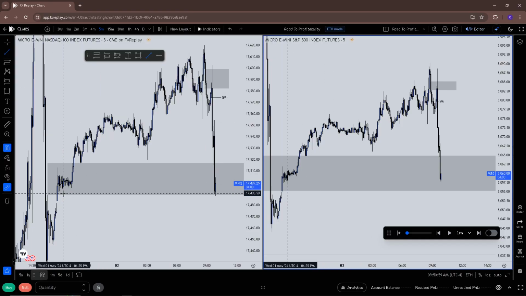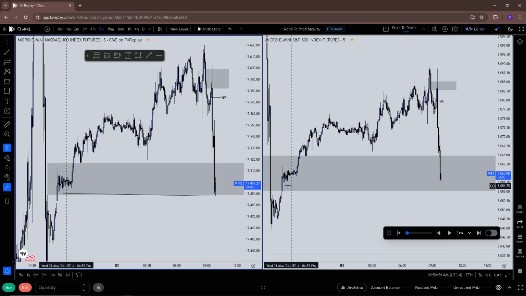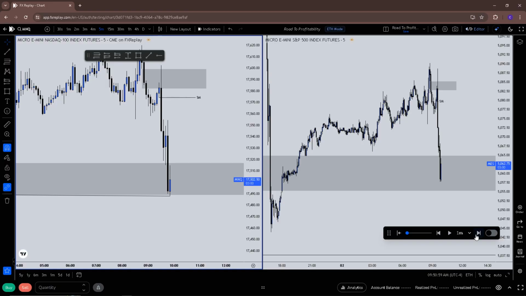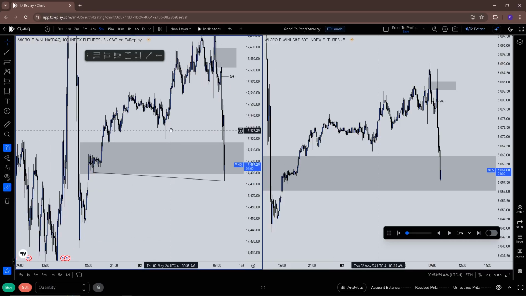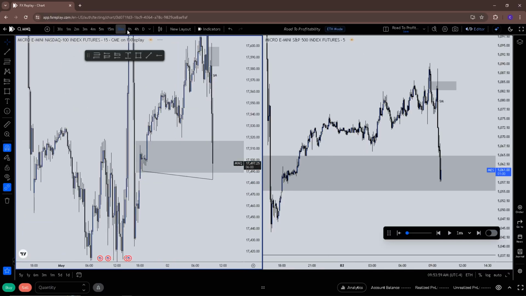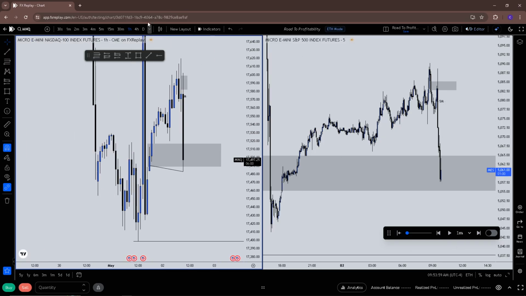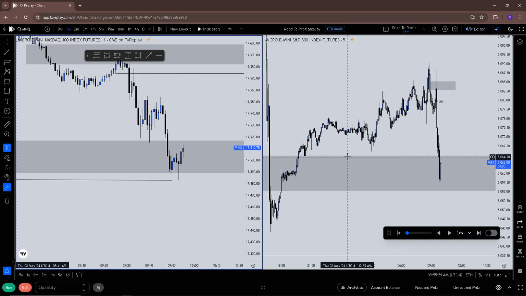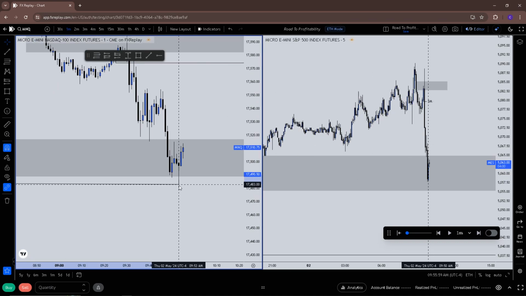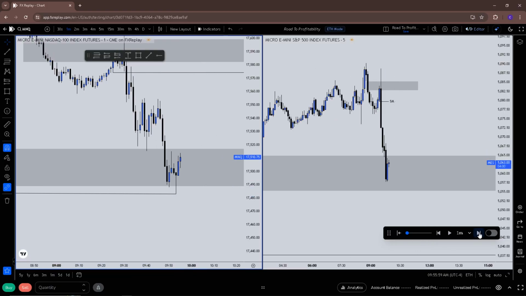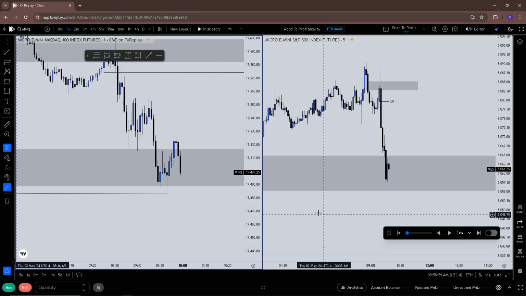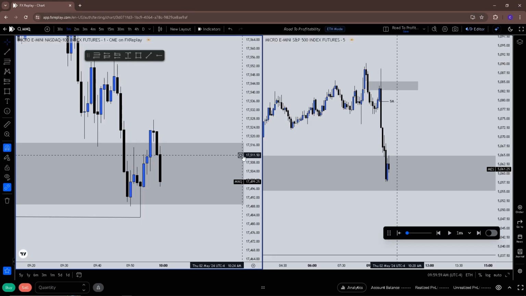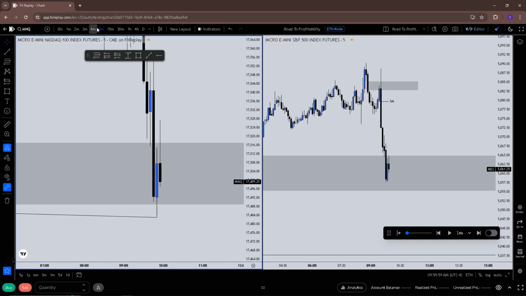They get a sweep of these lows. Tap into this 1 minute. Get a V-shaped inversion. I would have taken that.